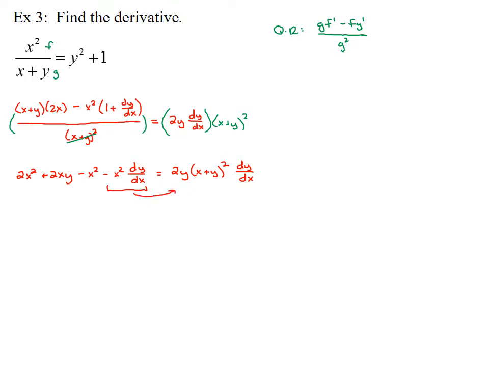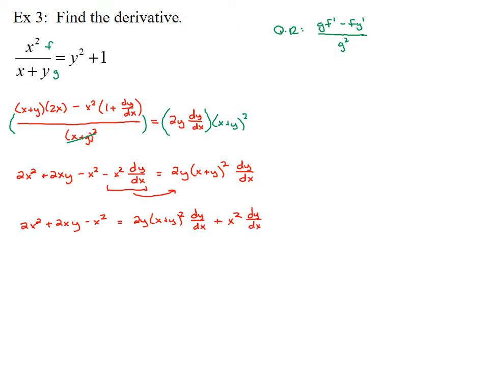I'm going to move it over to this side to make it 2x squared plus 2xy minus x squared equals 2y times x plus y squared times dy dx plus an x squared dy dx.